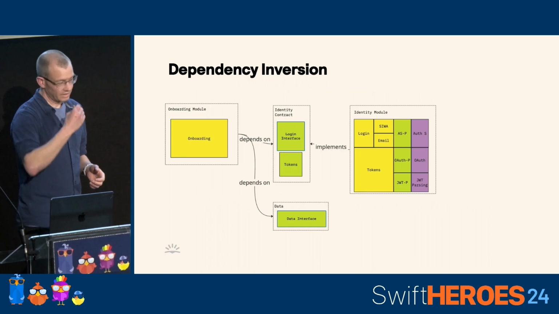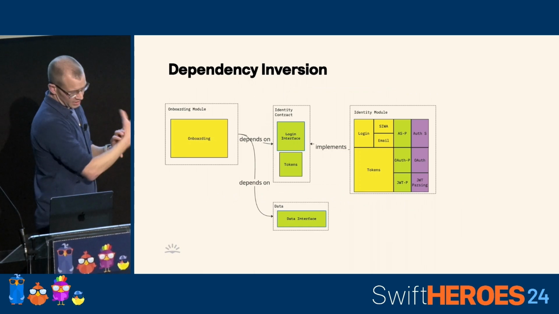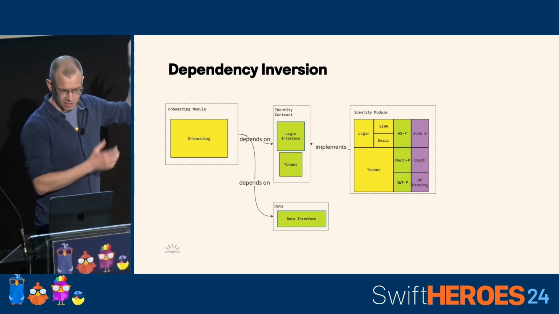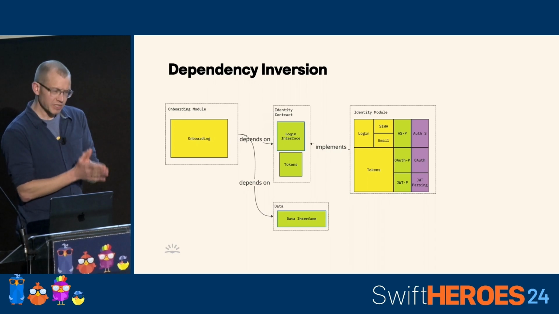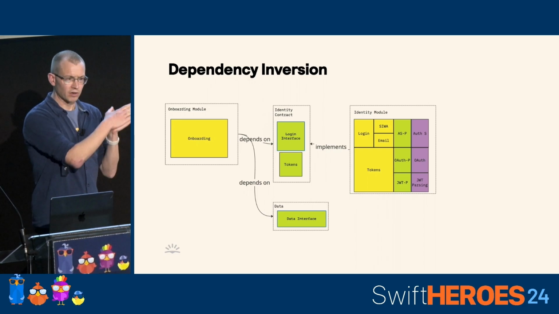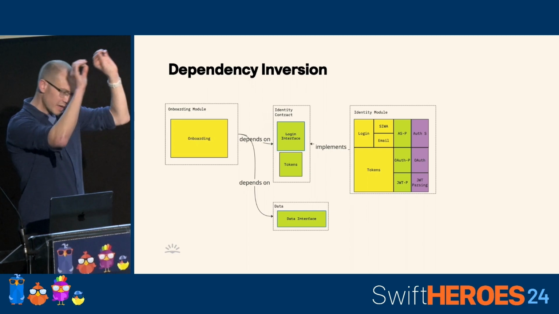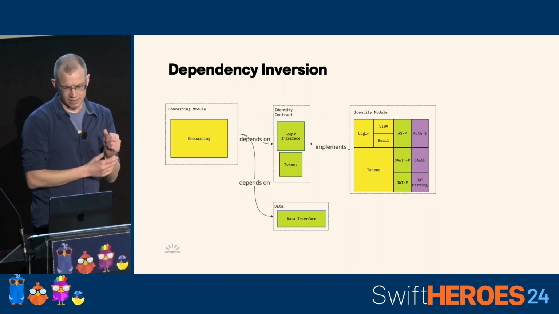And this is kind of where we were. We had an abstraction, we had an identity contract, which is a protocol. There was no implementation there, but we still had to import that into our feature module, into onboarding. We still had to write at the top, import identity contract, and then start using it in our class.